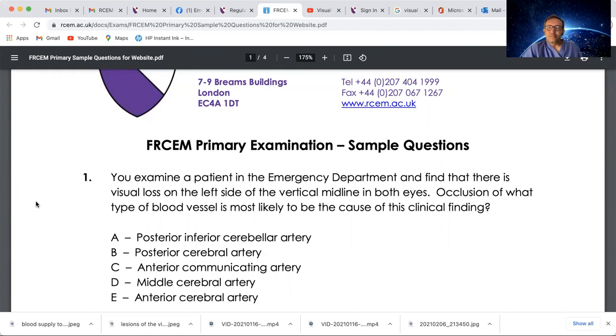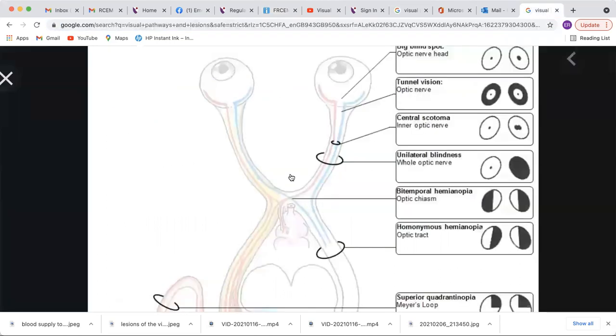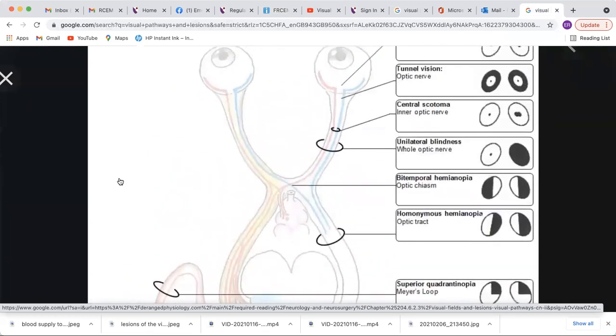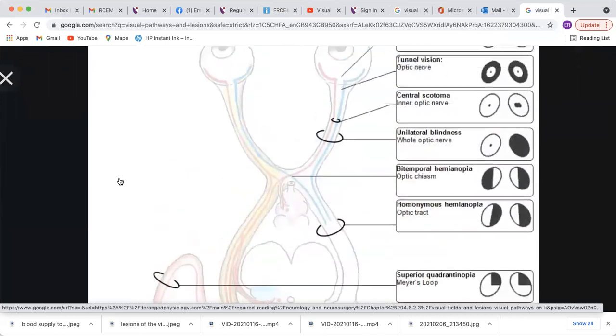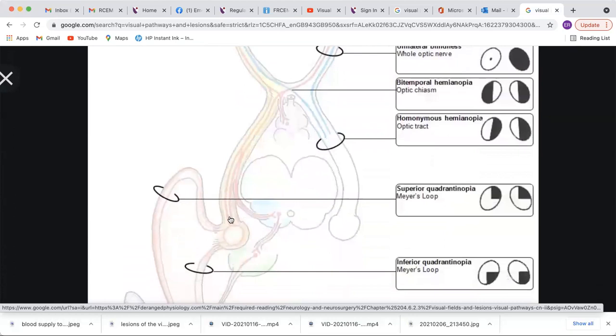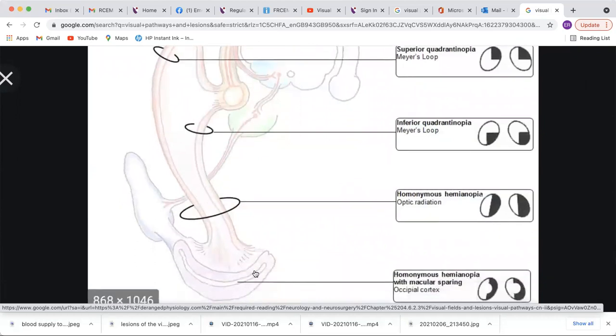All right, so let's look at some imaging. This is the diagram for the visual pathway. Starting from the eyeball, optic nerve, and optic chiasm, optic tract, down to the lateral geniculate body. Then these are the Meyer's loops, optic radiation, and visual cortex.